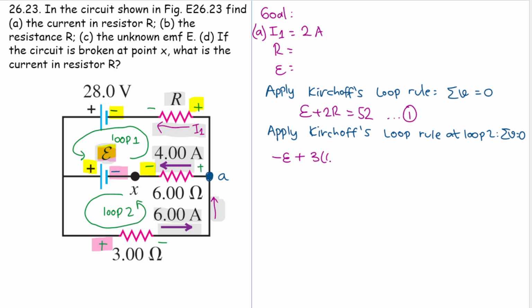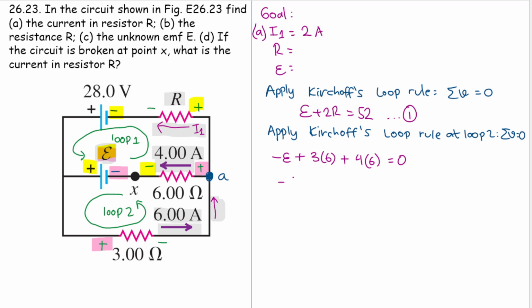One more component here: we enter that 6 ohm resistor from the positive terminal, so we'll have a positive sign, plus here. The current is 4 and the resistance is 6. Good. All of that will equal 0.